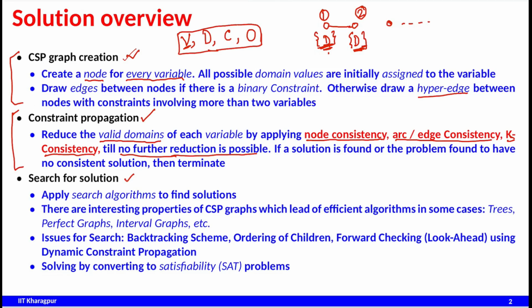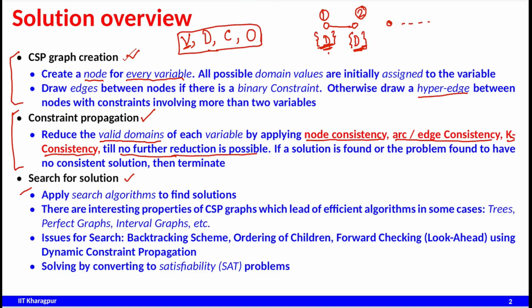The last thing is, once we go ahead with constraint propagation, after doing that we can have several choices to make, and then we can apply the normal search strategy to solve the problem.